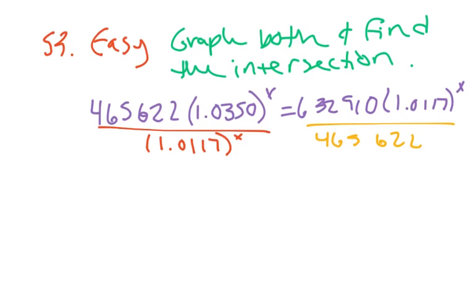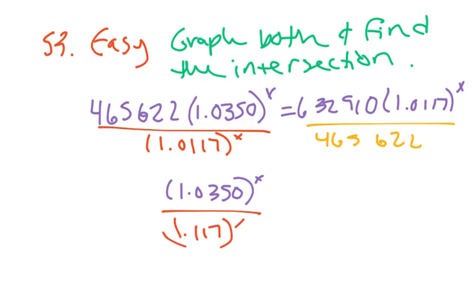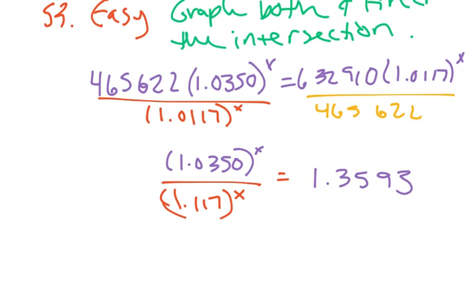And so if you do that, you end up with 1.0350 to the x over 1.117 to the x, and then our number. And so the value of those two numbers divided is 1.3593.